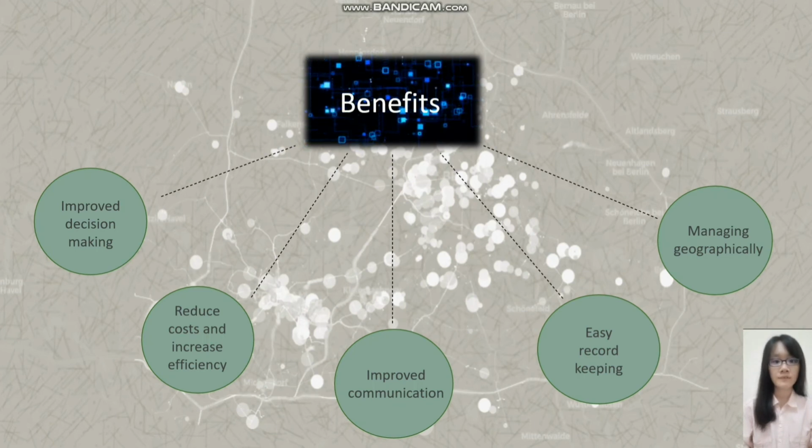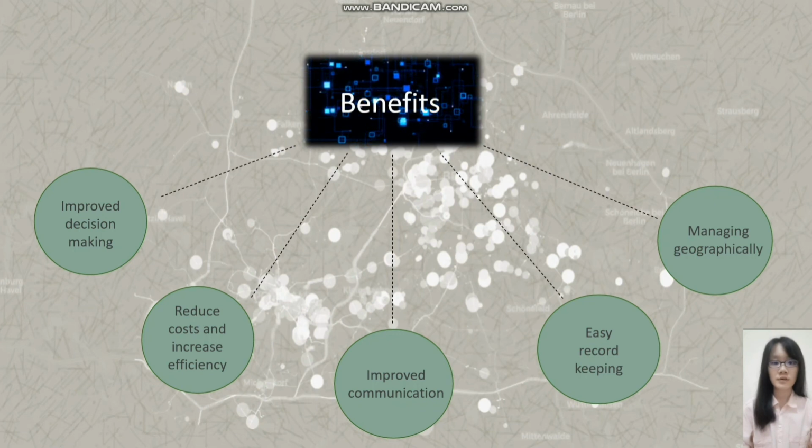Third, improved communication between any involved organizations or departments, as the visual format is easily understood by all. Number 4 is easy record keeping. Geographical changes are easily recorded by GIS, for those responsible for recording the changes.